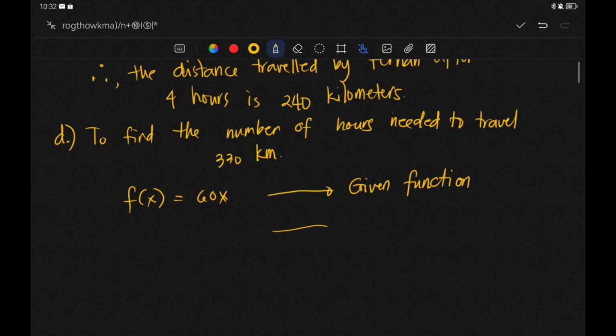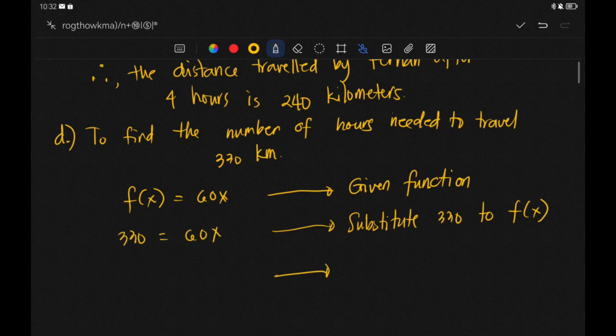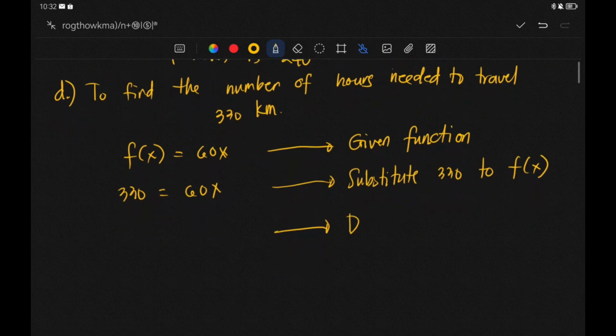Next, you are going to substitute the given 330 to f of x. So, this will become 330 equals 60x. Next, you are to divide both sides by 60.